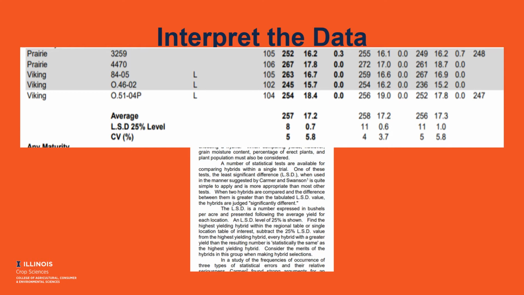One thing to look at is, of course, the average for the trial, then the LSD, which is used to compare the hybrids and varieties, and then the CV. The CV just tells you how well the trial uniformity is. A number like 5 tells you that's a pretty reliable location. When you start getting numbers above 10, there might have been some weather damage or some other kind of issue.